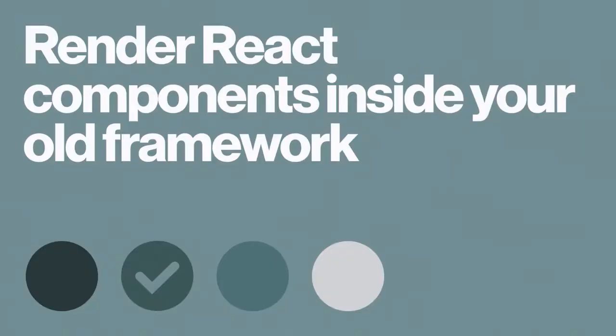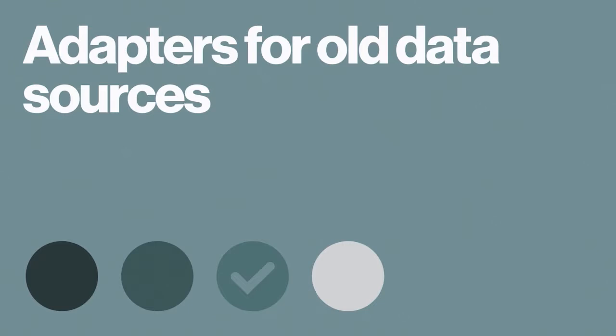The second challenge is rendering your React components inside of the old framework. It can be challenging, for example, if your templates are stored in separate files, or you have a custom templating language, such as Jinja in Python versus JavaScript in Node. The third challenge is dealing with the old data layer.